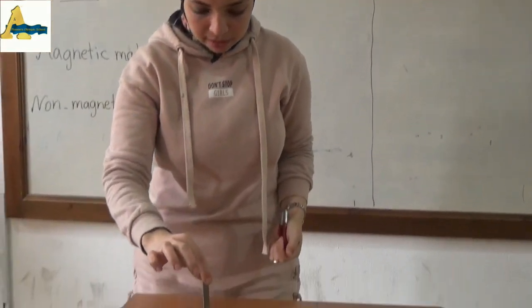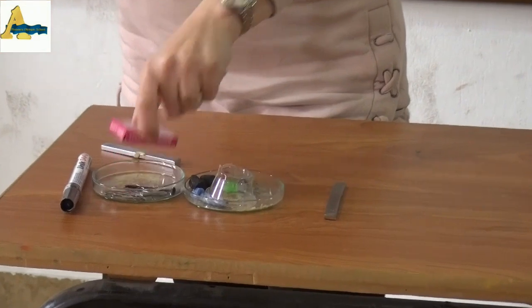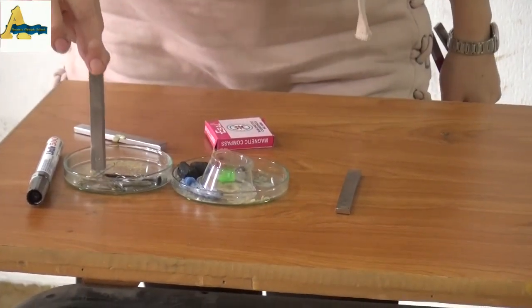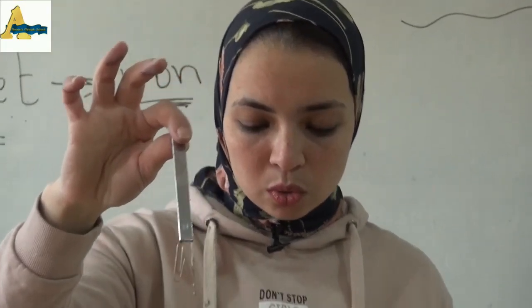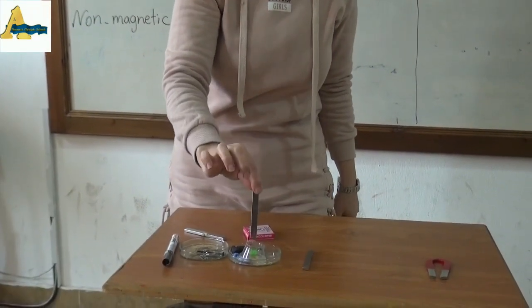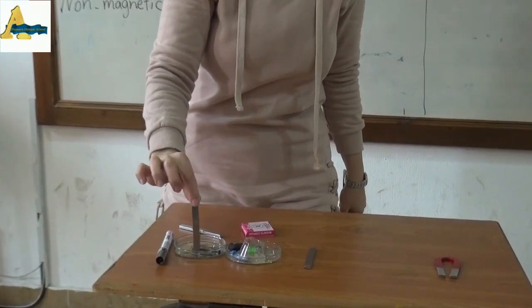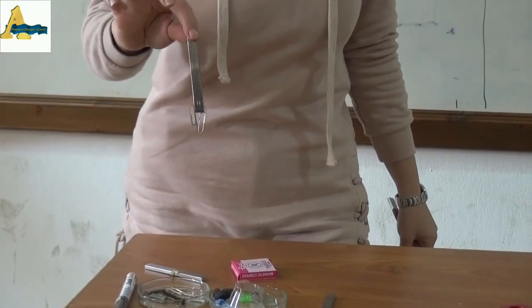If I try to attract this material, it can't attract it. But what about these materials? I found that it can attract them. So there are some materials which cannot attract to the magnet and some which can.